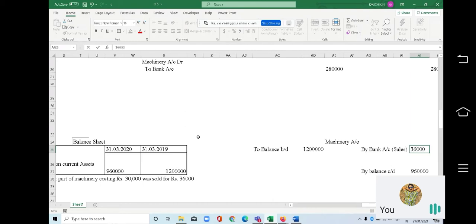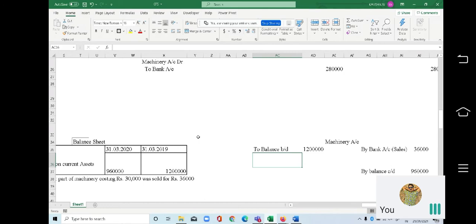Okay, 36,000 rupees. Now tell me whether you have incurred a profit or loss on this particular sale. 30,000 worth of machinery you have sold for 36,000. Will you incur a profit or end up in a loss? What is the amount of your profit? 6,000 rupees.